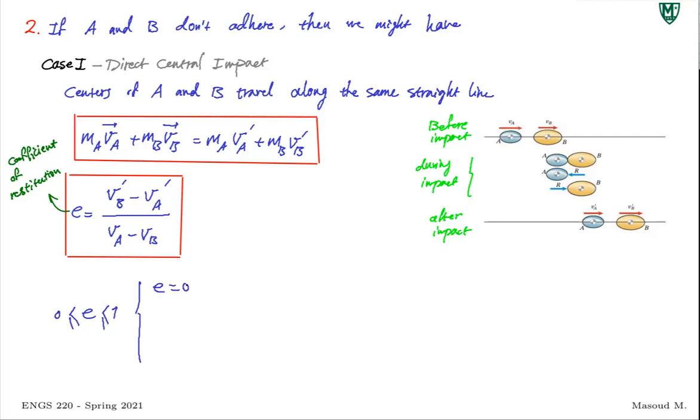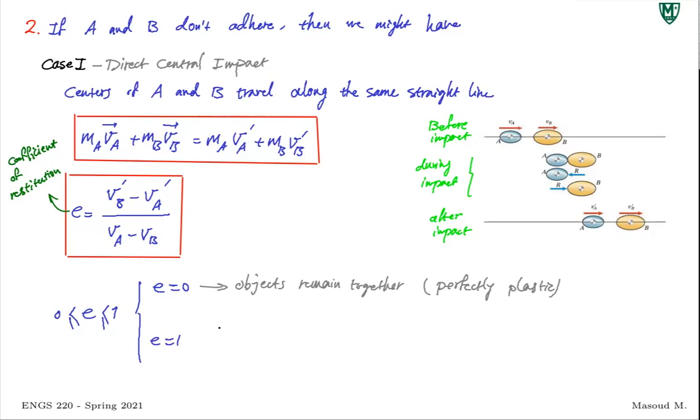So if e is 0, one limit it can have, the objects remain together. So it's perfectly plastic.